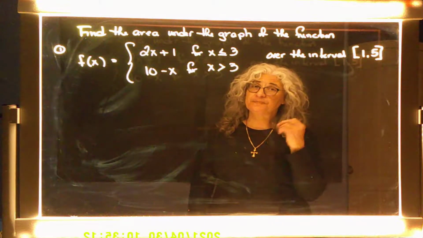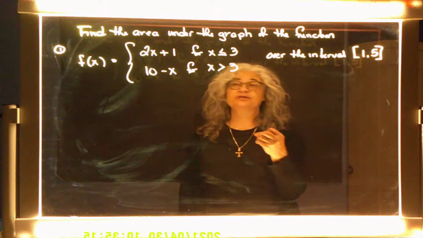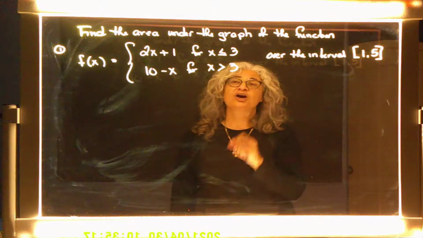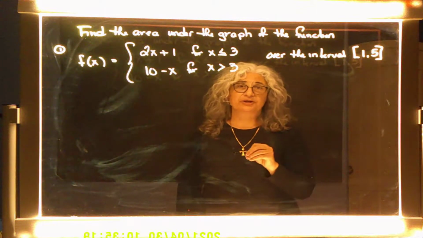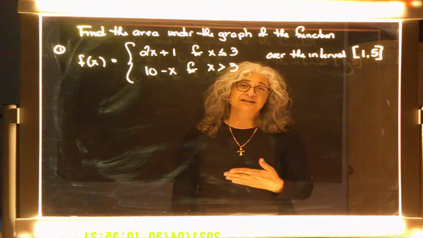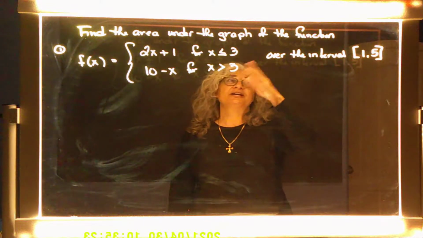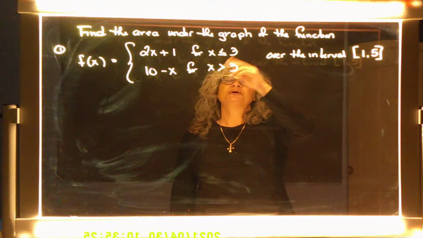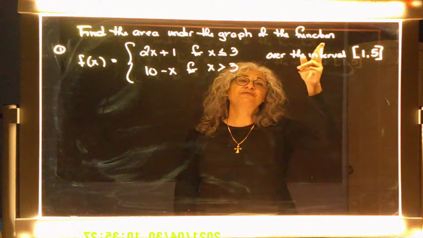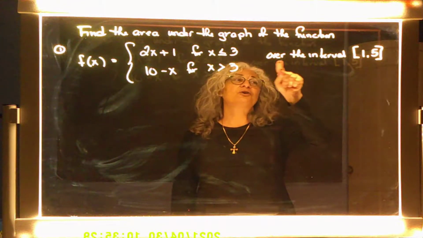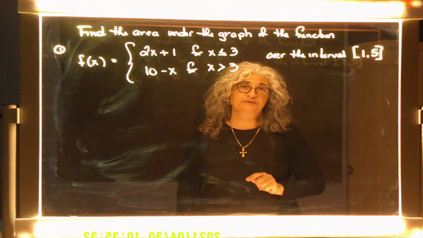The second piece says we're going to use the function 10 minus x for x greater than 3. And they'd like us to find the area under the graph of the function, in this case over the interval 1 to 5.